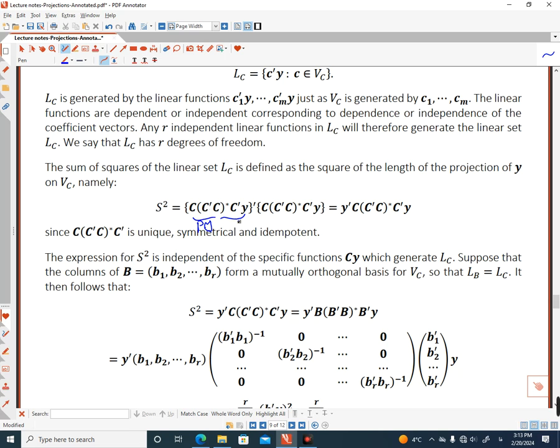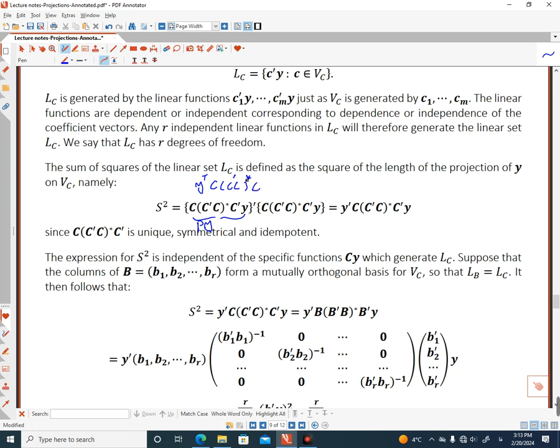And if I do a little bit of algebra, then I will get to this expression: y prime C (C prime C) generalized inverse. I do not put transpose because you know that the (C prime C) generalized inverse transpose is also a generalized inverse for C prime C. So we will keep this one.